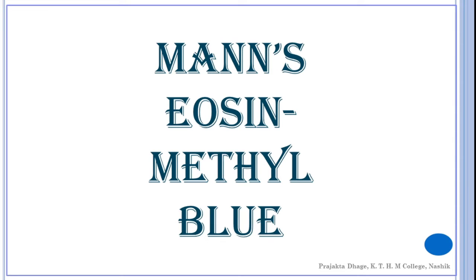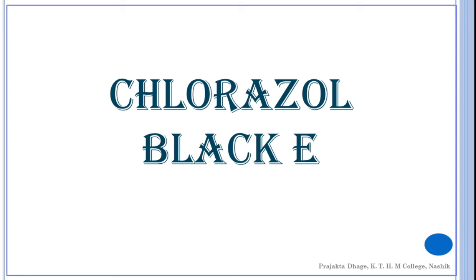Next one we have is chlorazole black E. We have already discussed some points about this particular dye or stain. So now what it is going to do is stain nuclei black, elastin black, and other components of the tissue in various shades of grey.